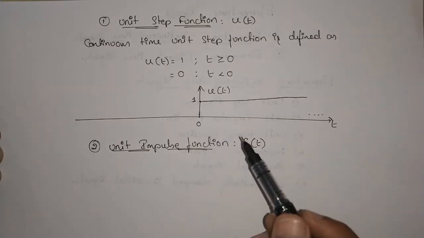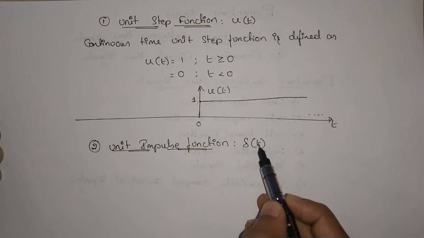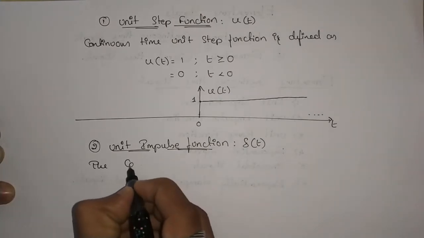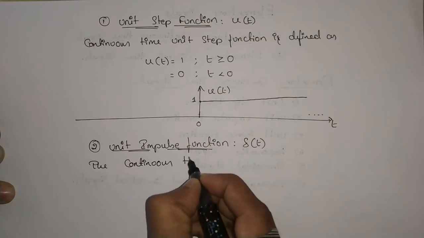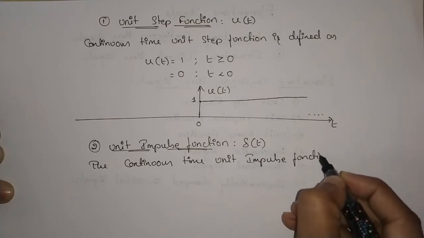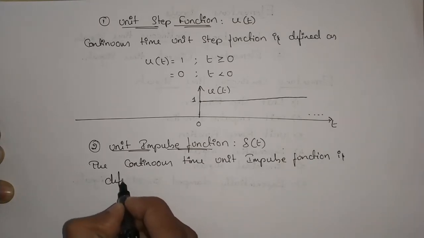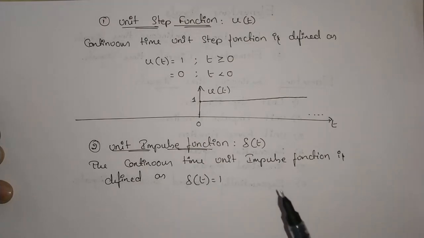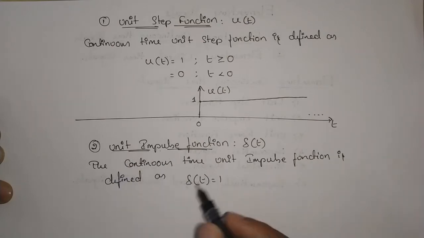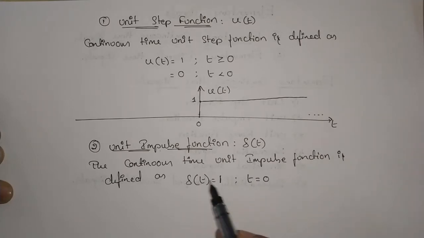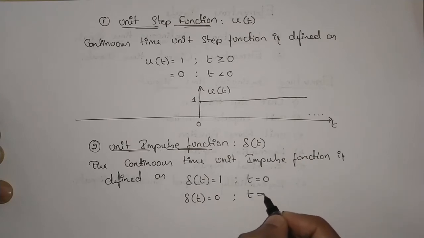The continuous time unit impulse function is defined as delta of t equal to 1 for t equal to 0, and delta of t equal to 0 for t not equal to 0.